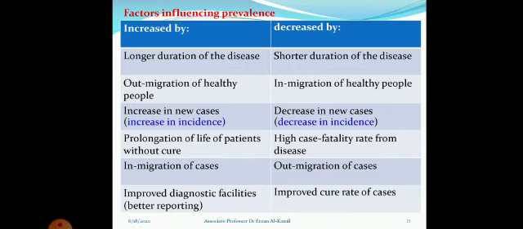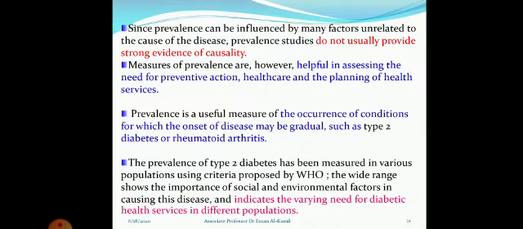In-migration of cases means an increase in the prevalence, and out-migration of cases will decrease the prevalence. Improved diagnostic facilities and better reporting will increase the prevalence, and improved cure rate will cause a decrease in the prevalence.